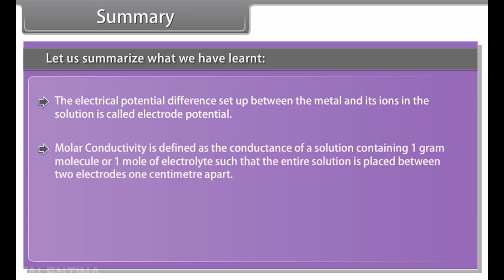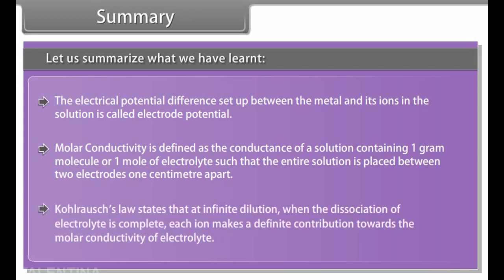Molar conductivity is defined as the conductance of a solution containing 1 gram molecule or 1 mole of electrolyte such that the entire solution is placed between two electrodes 1 centimeter apart. Kohlrausch's law states that at infinite dilution, when the dissociation of electrolyte is complete, each ion makes a definite contribution towards the molar conductivity of electrolyte.